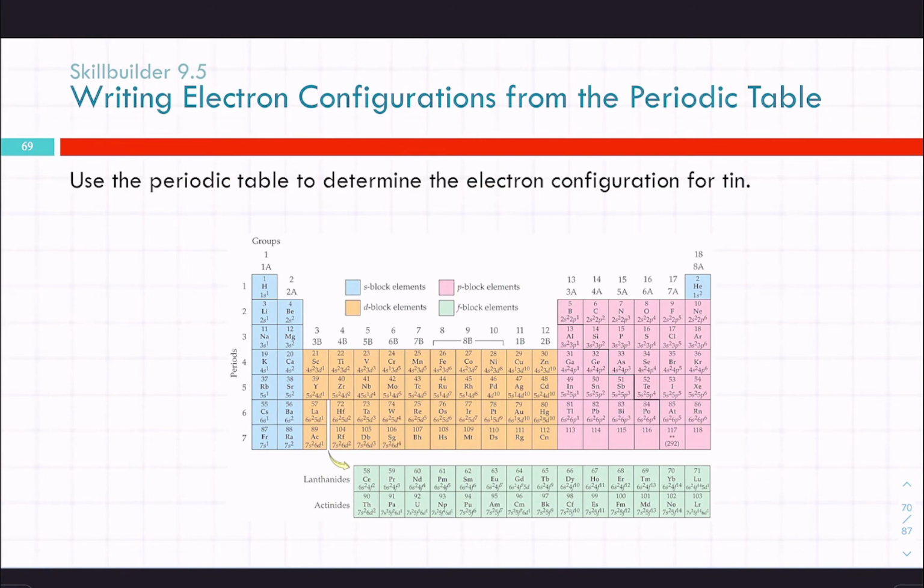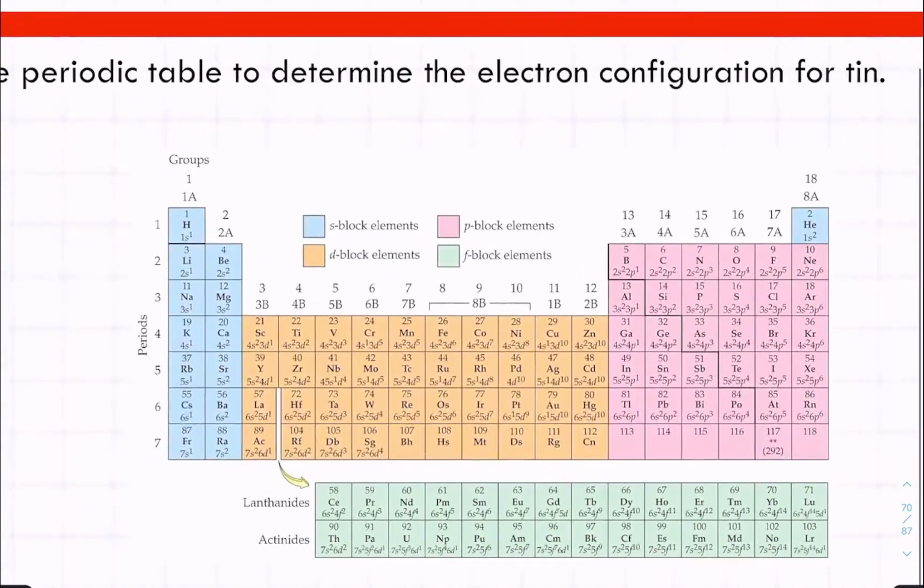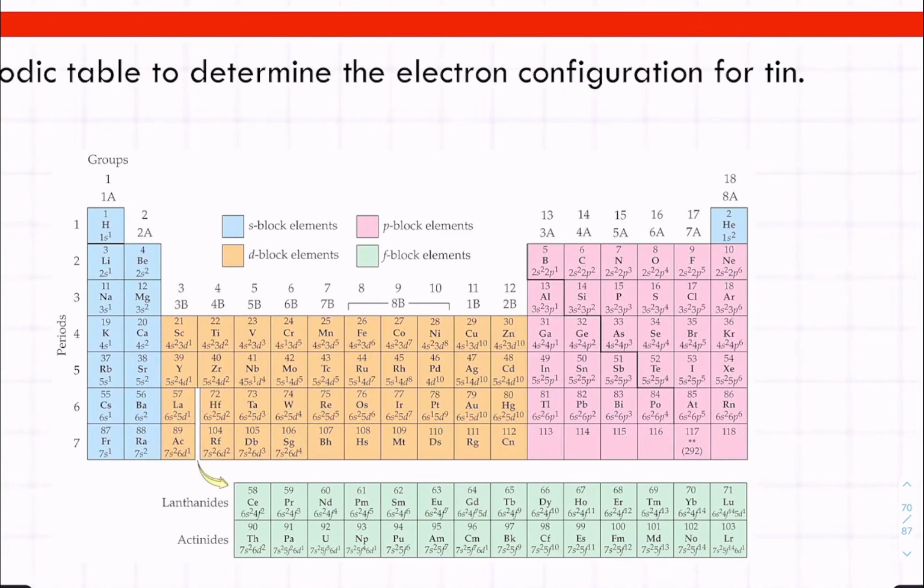Okay, so if we want to do an electron configuration for tin, I say you're allowed to abbreviate, how would we write the electron configuration for tin? Krypton would be our abbreviation.